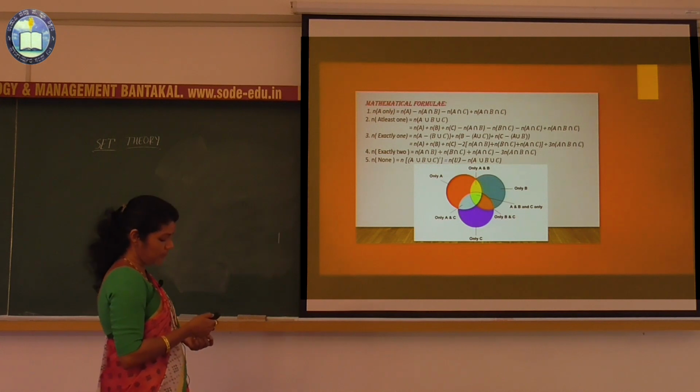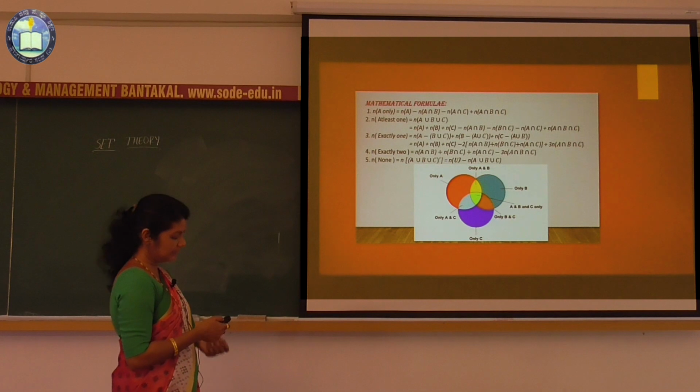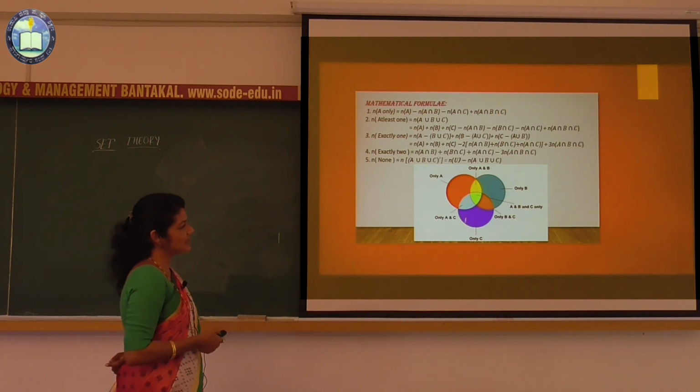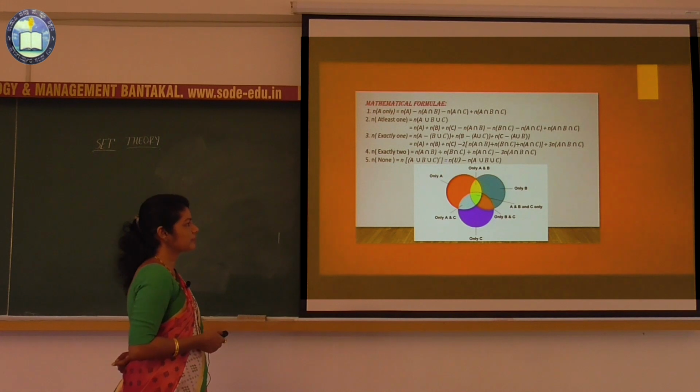Now consider few formulae based on the diagram. Consider the diagram. Three sets are there. Suppose if you consider this as A, this as set B, this as set C, third circle.